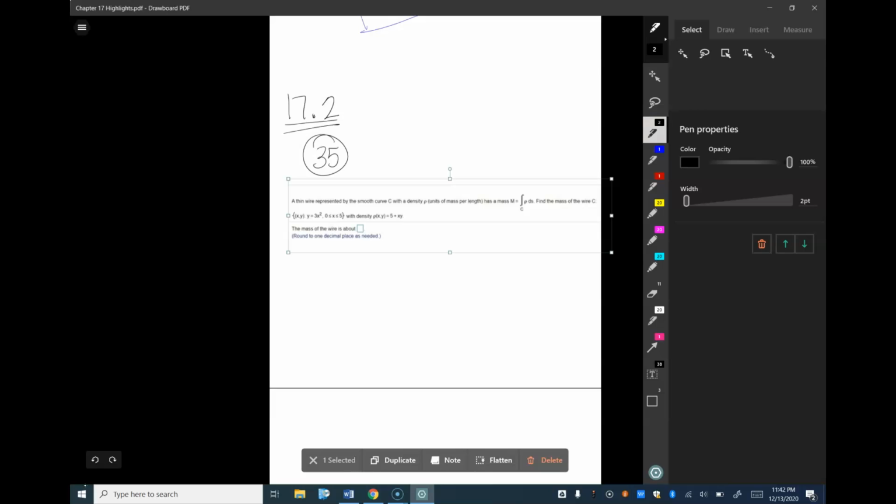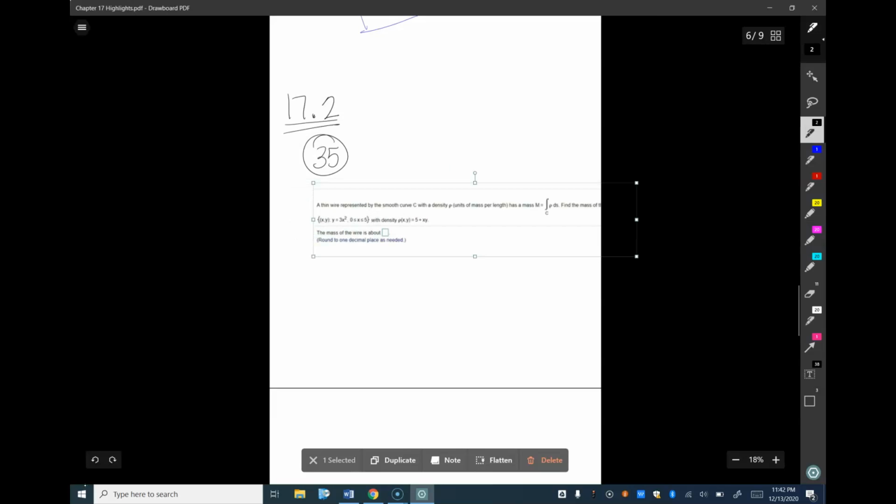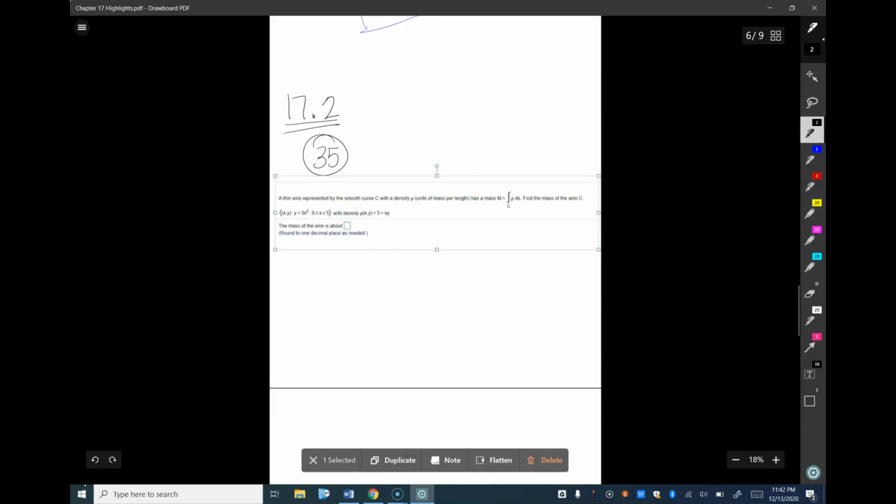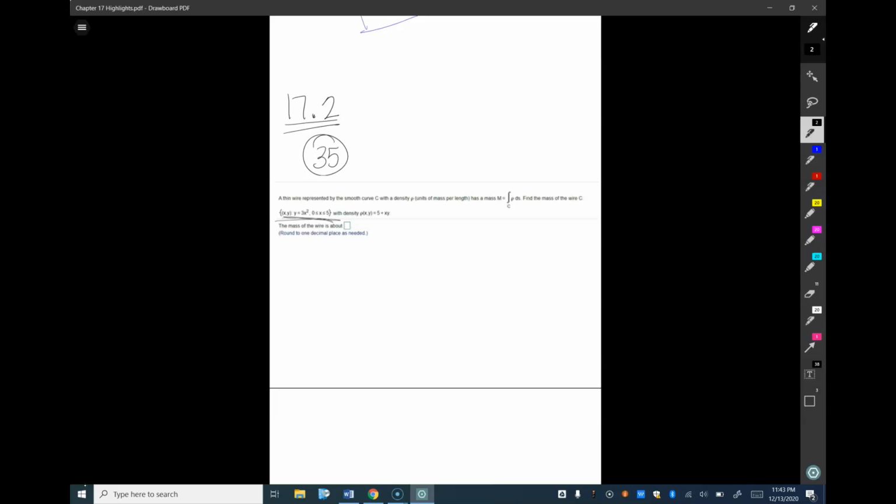So let's jump into it. We first need to parameterize that curve. So the easiest way to do that, remember, is just let x equal t and plug it back in, and then you get y is equal to 3t squared.